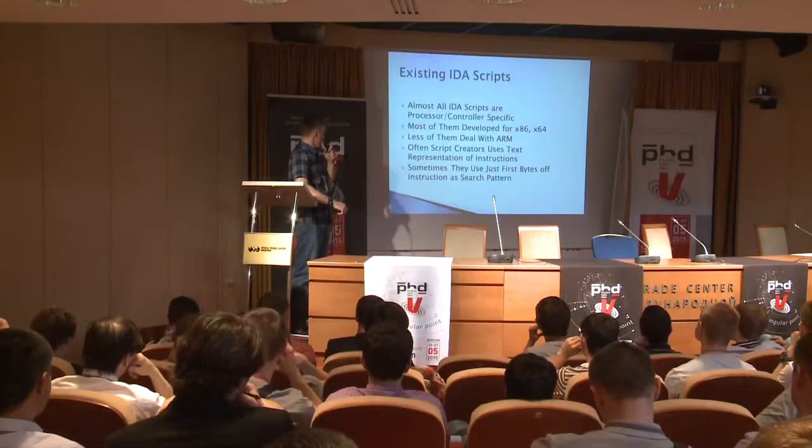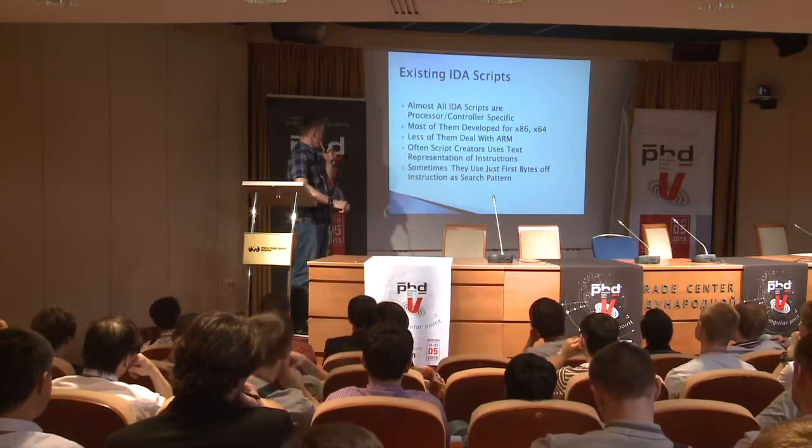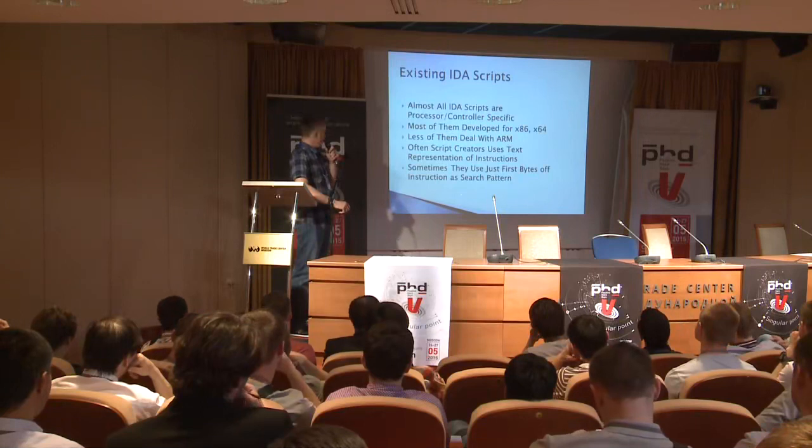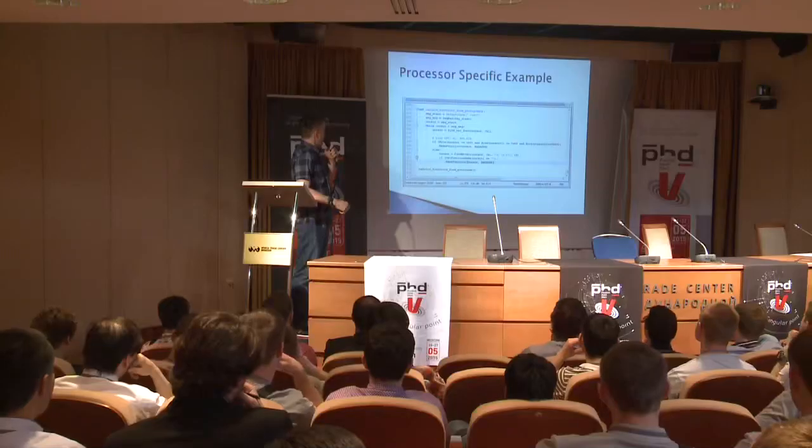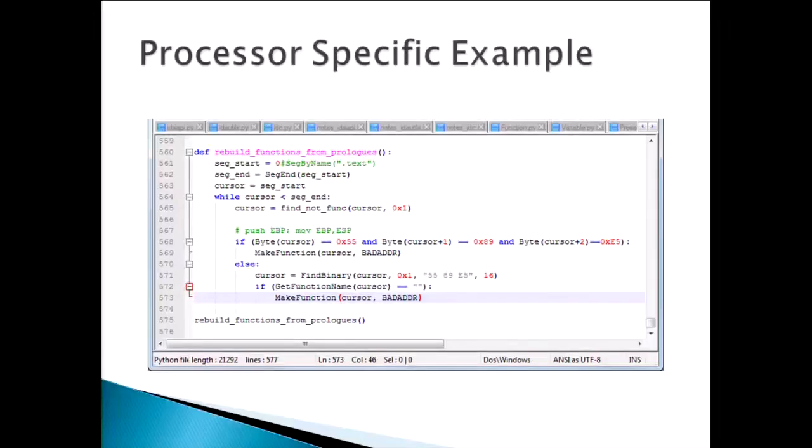And even more often, sometimes they use just the initial bytes of instructions to search for certain patterns and come to certain conclusions. Example. We have a function on the internet.